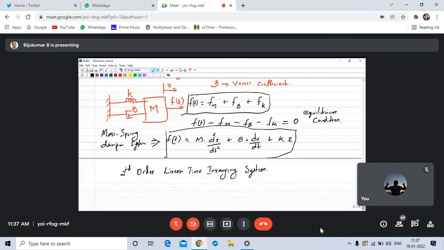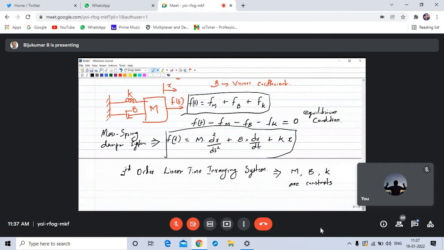Why is it time invariant? When is it time invariant? If the coefficients m, b and k are constants, not functions of time, we can call it a linear time invariant system.